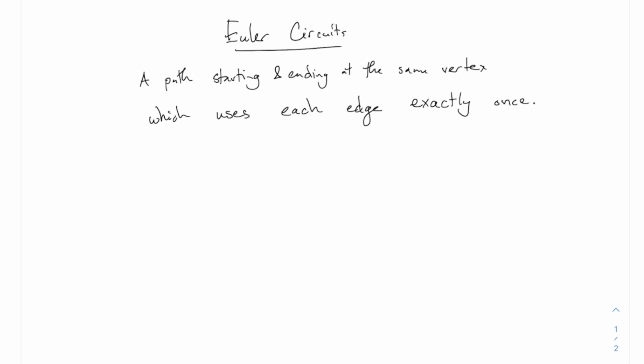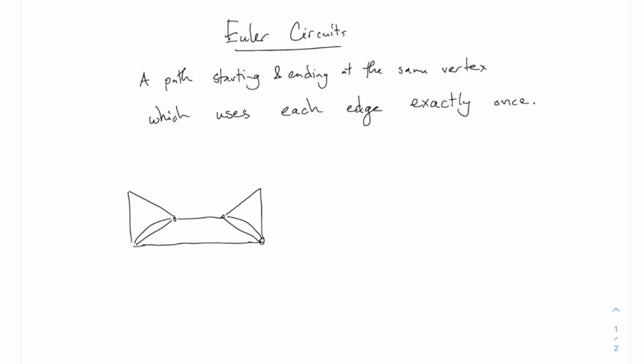It's named after this guy Euler. It's a path starting and ending at the same vertex, which uses each edge exactly once. So, for example, if I have something like, I'm going to make a cute little bow tie kind of thing, and then maybe also put an edge there, and then maybe I'll double up these guys.